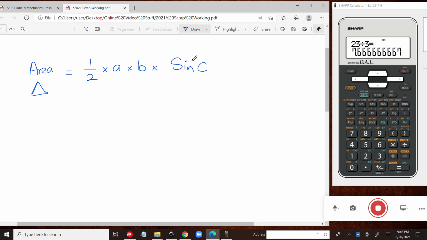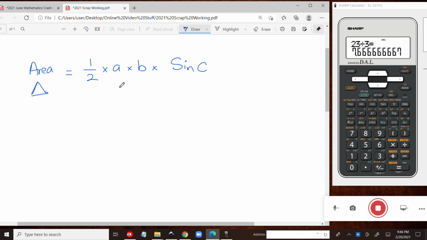Now, when students see this formula, a lot of them get confused. They don't know what the a is, what the b is, and what the C is. I use this formula when, you know, when you find the area of a triangle, it's base by height divided by 2. But suppose you don't know the base. Suppose you don't know the height. Well, then that formula is useless.